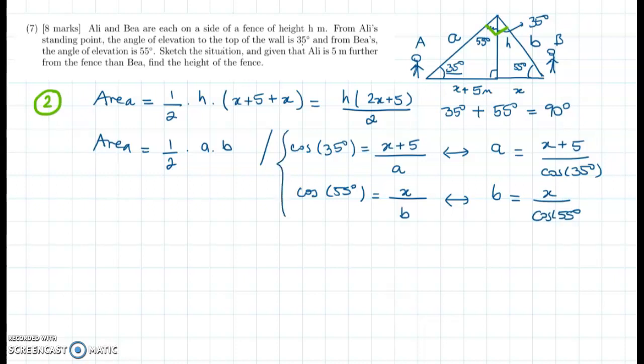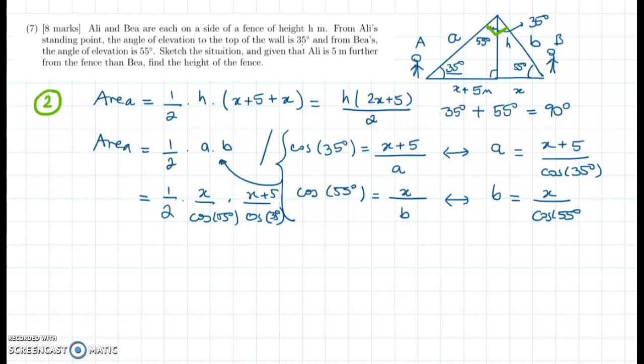So with this information, going back to the second way of finding the area of the triangle, we can say that it's a half times x over cosine of 55 degrees times x plus 5 over cosine of 35 degrees.